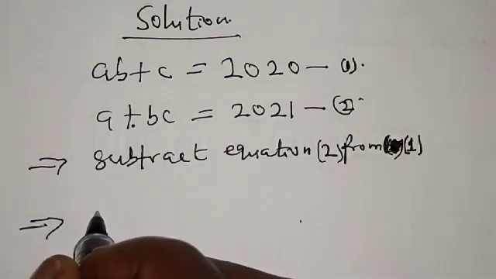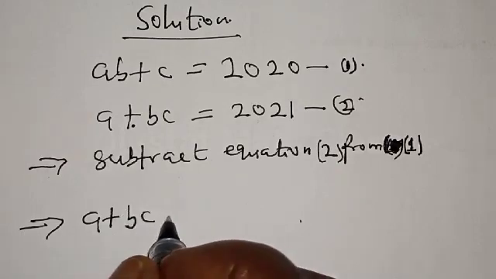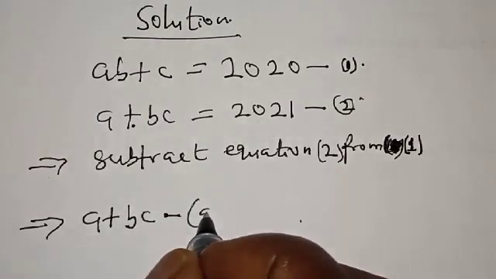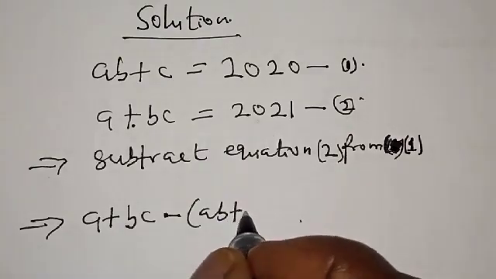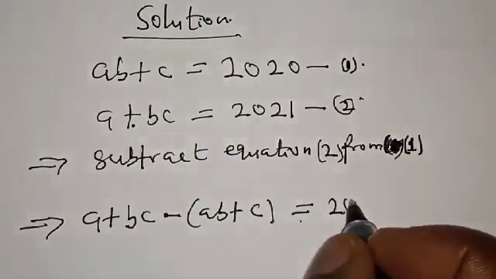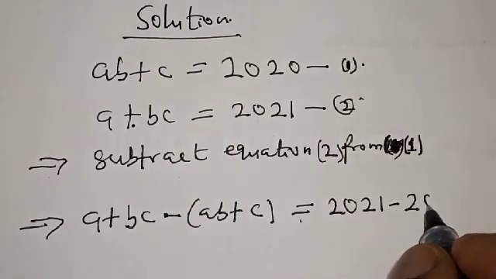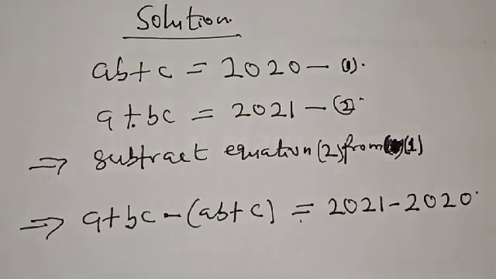This implies that we have A plus BC minus AB plus C equal to 2021 minus 2020.